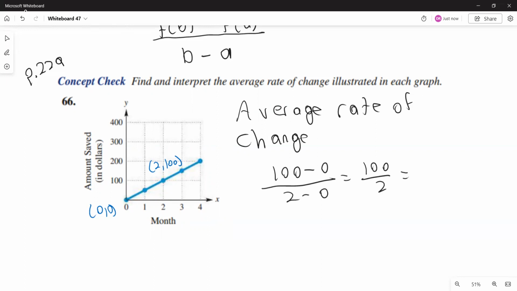Or 100 over 2, or 50 over 1. The units we're using is the amount saved per month. So that's $50 per 1 month.